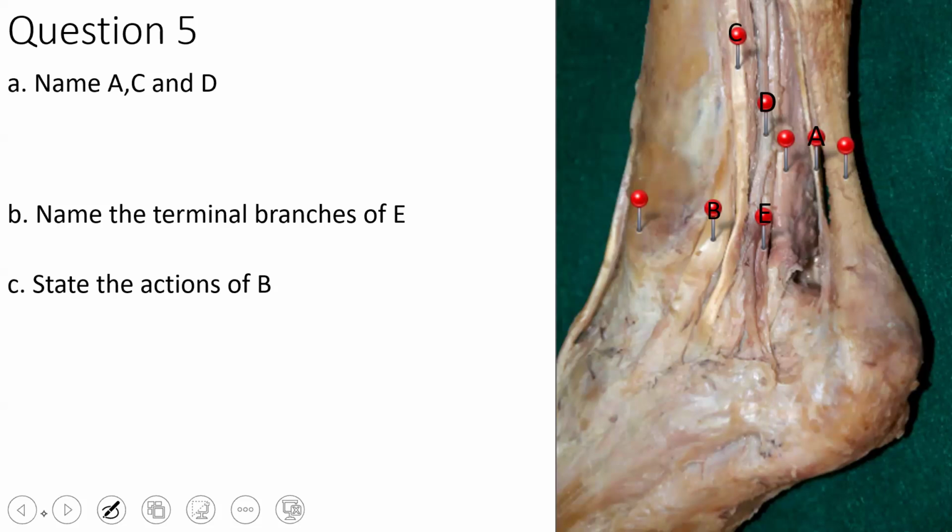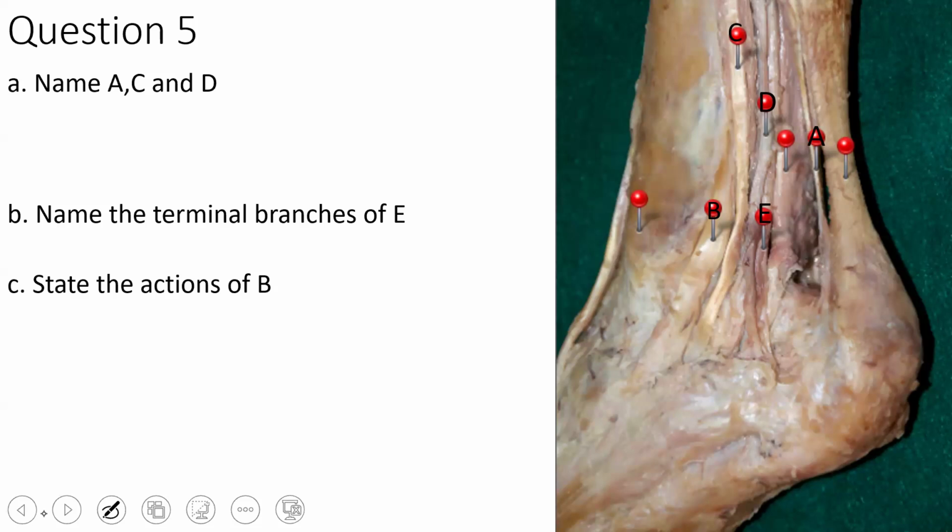What is C? Flexor digitorum longus. Wonderful. In your exams, avoid using FDL. I'll advise you to just write it in full. Flexor digitorum longus. Okay, that is C.